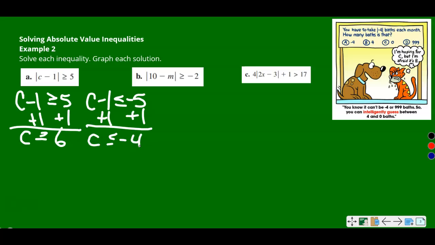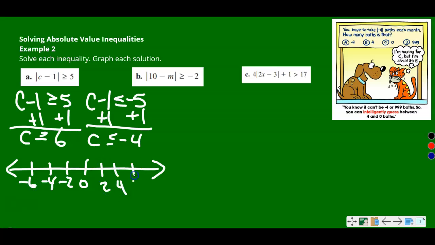If you want to put these on a number line, we're going to come to the left. Let's say negative 2, negative 4, negative 6, and 2, 4, 6, 8.